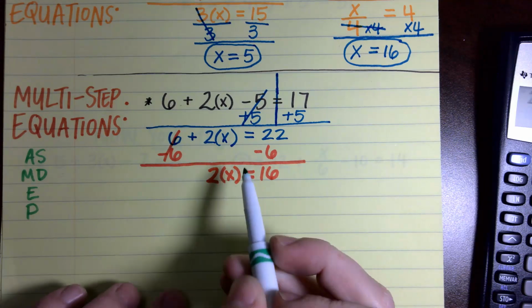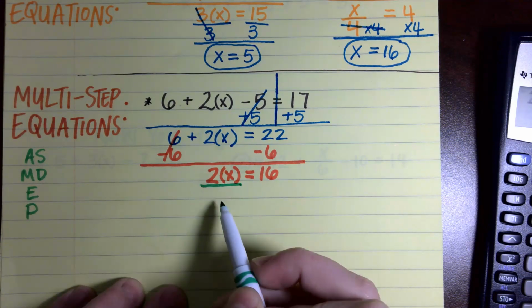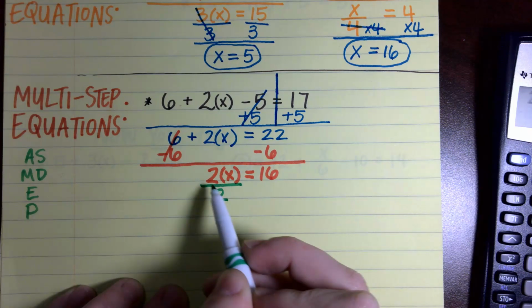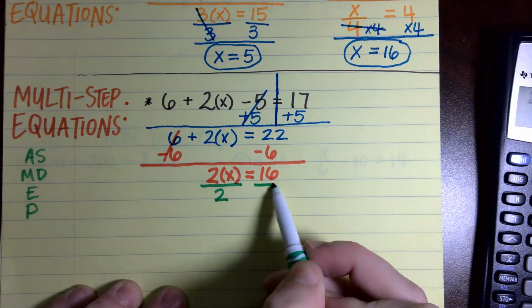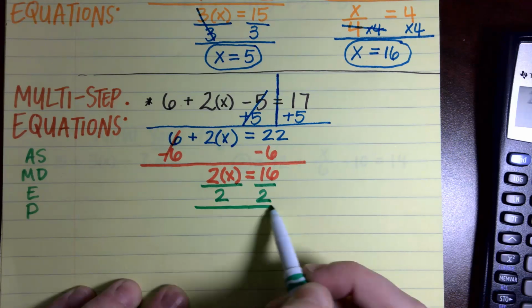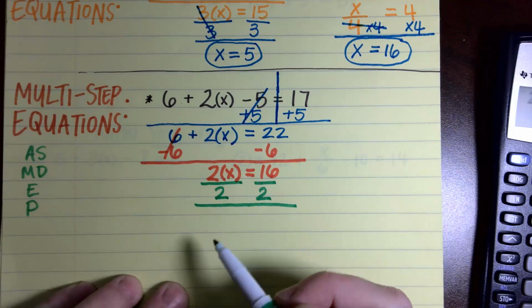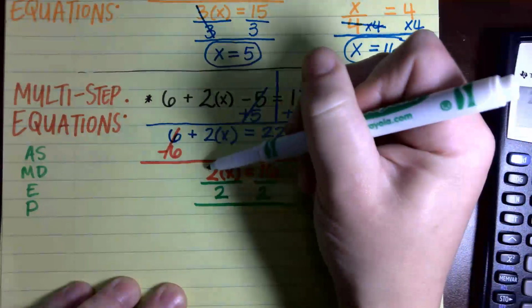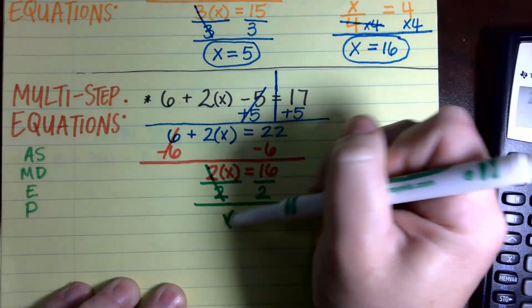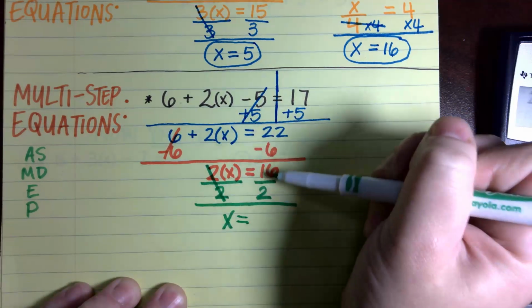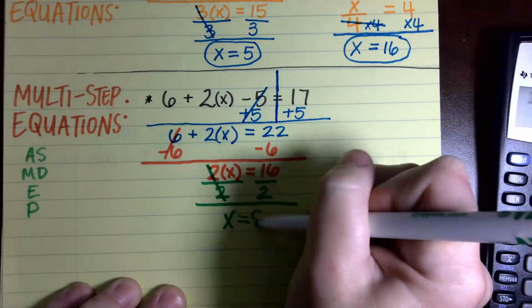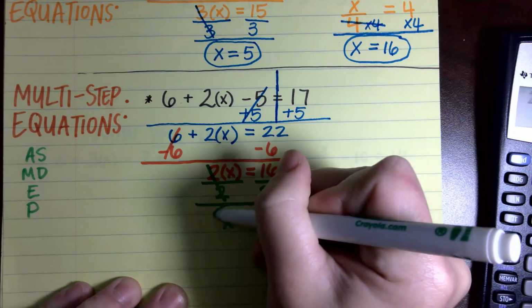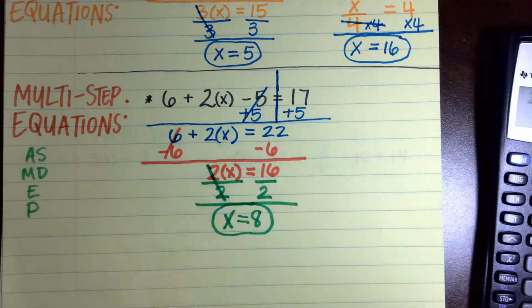To get rid of multiplication, we divide by 2. Whatever I do to this side of the equal sign, I have to do to the other side. So my 2s are going to cancel. I'll bring down my x equals, and what is 16 divided by 2? 8. Good job, guys. X equals 8.